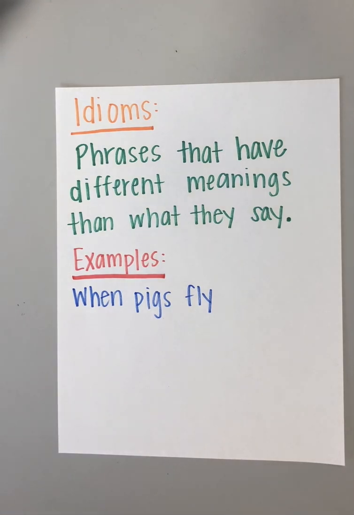Now, my mom used to say this phrase to me when I would ask for something ridiculous. So I might say, hey, can I go to the mall with my friends by myself when I was in like 2nd grade? And my mom would say, when pigs fly. So can anyone take a guess at what that means?